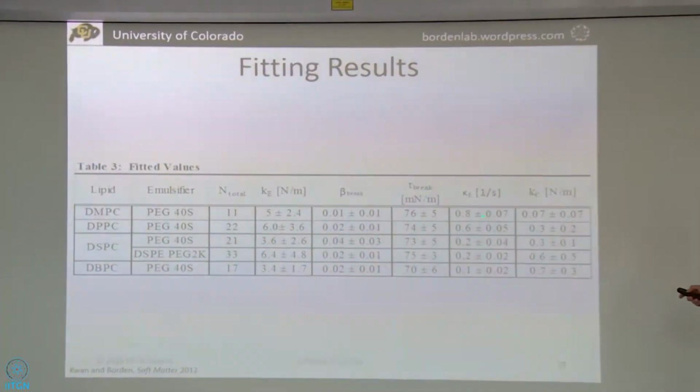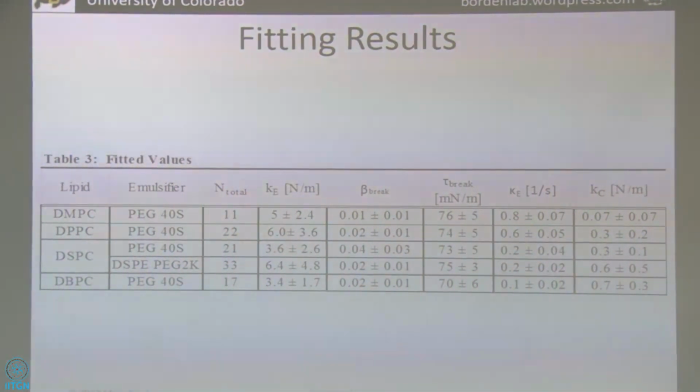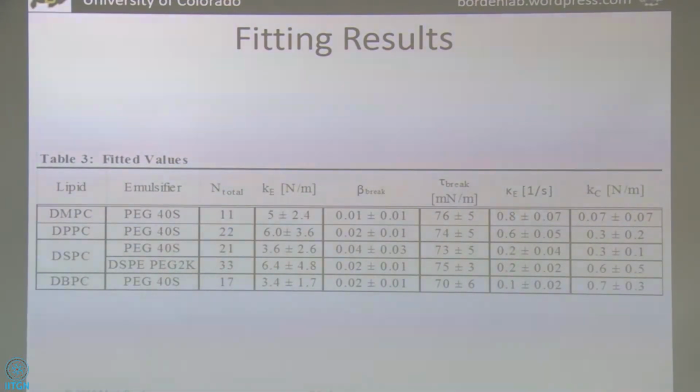The decay rate was faster, so the surface equilibrated faster for DMPC because it has a higher rate constant here. Right? This is an exponential rate constant, it's in the exponent. For DPPC, it drops from 0.8 to 0.6, 0.2, and then 0.1. So these are much slower to expand. And then the compression modulus basically increases with increasing chain length.